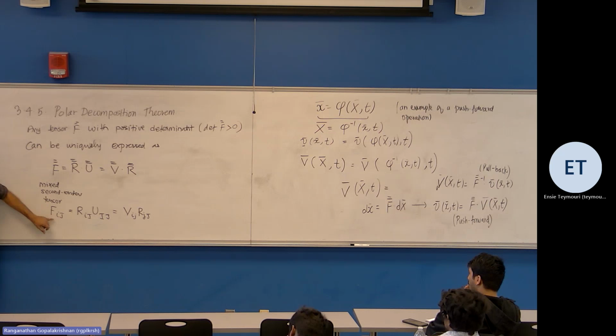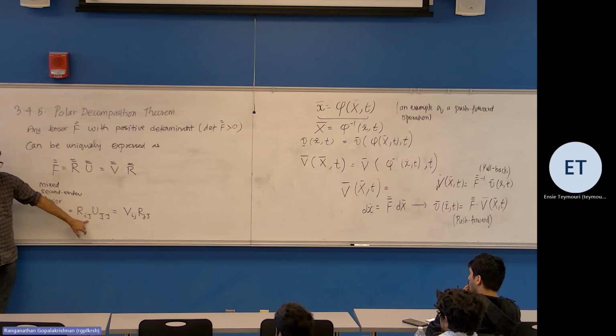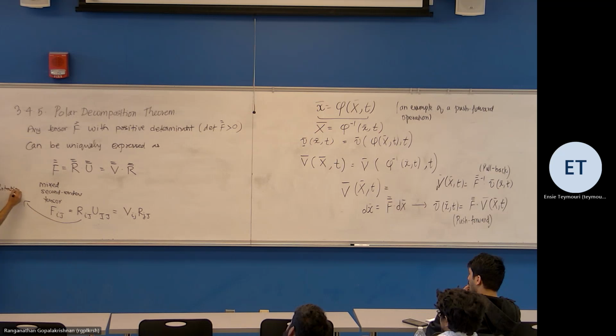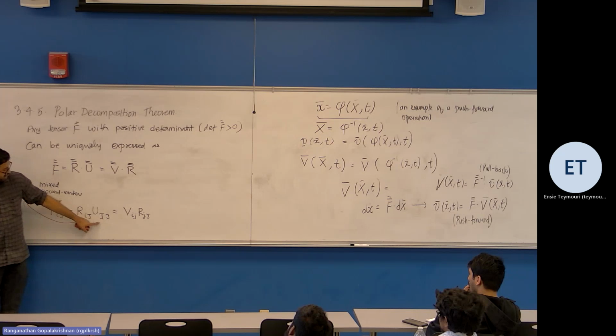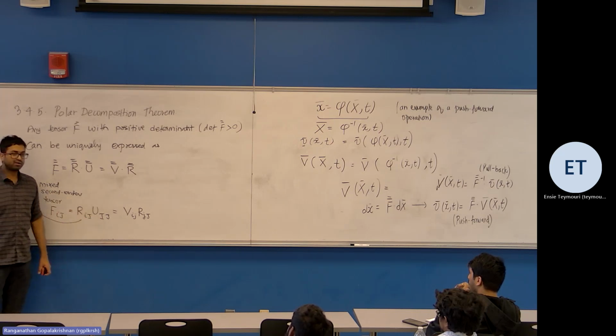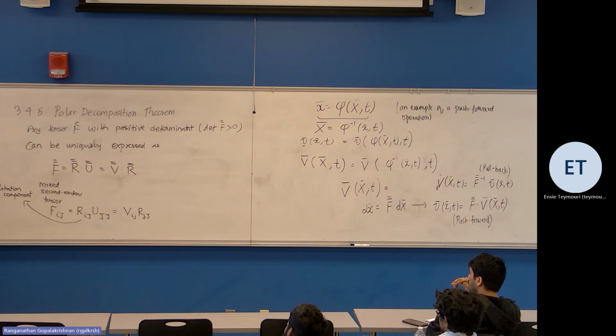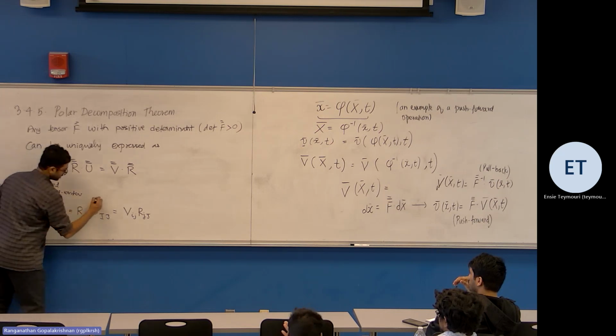That is, we are getting a mixed order tensor as the product of another mixed order tensor R, which we will call the rotation component. And this U_IJ, both I and J being in the material coordinate, is a second order tensor.